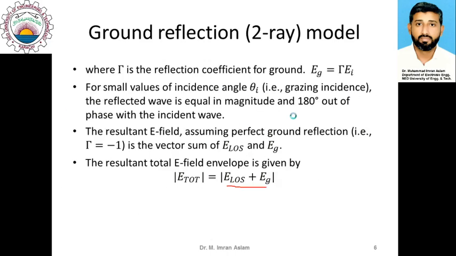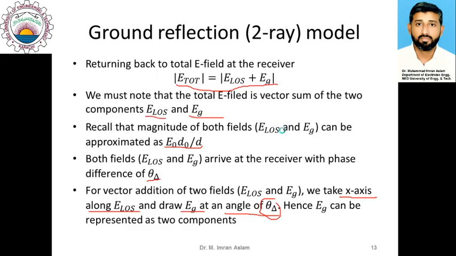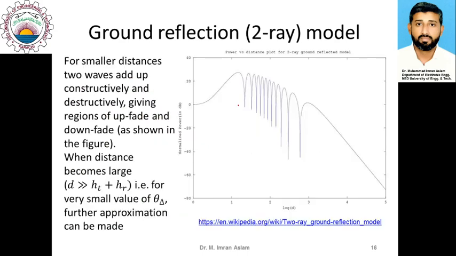So basically these two components of the wave arrive at the receiver and add up destructively and constructively at different distances. So these deep values, the fades or small amplitudes, are relevant to those destructive interferences, and these high values are related to those parts where you have constructive interference.